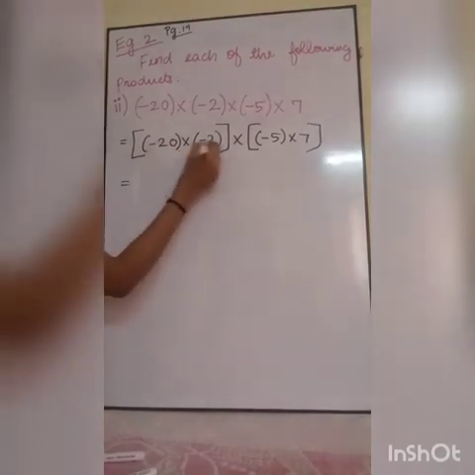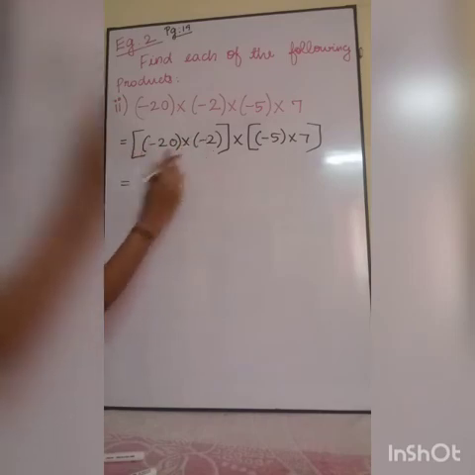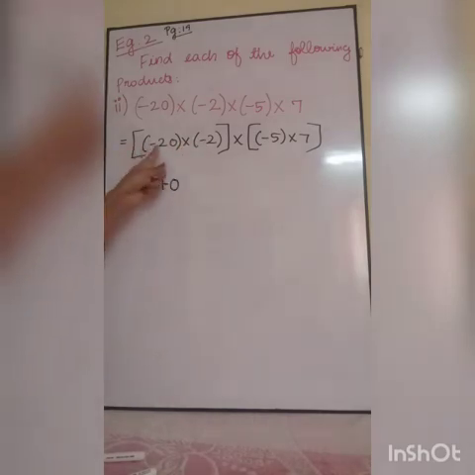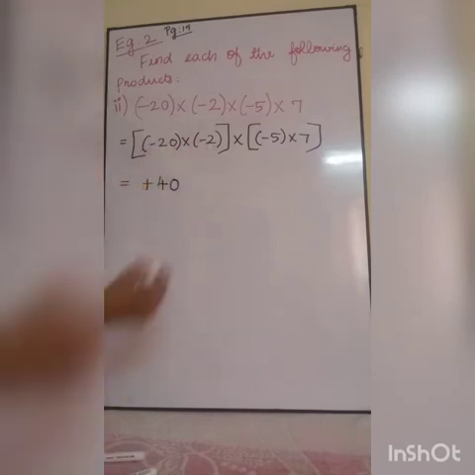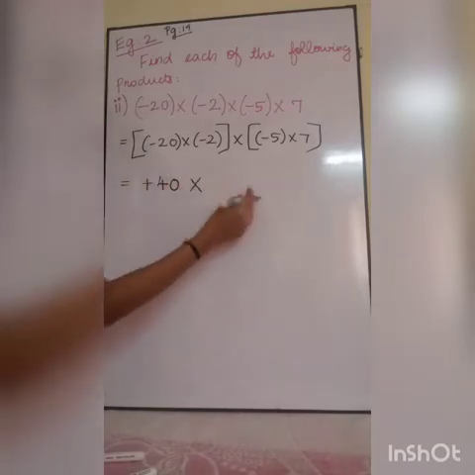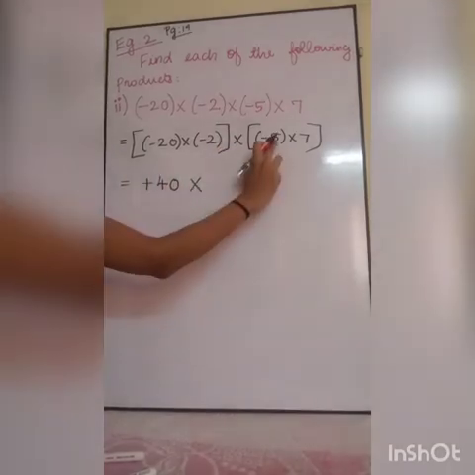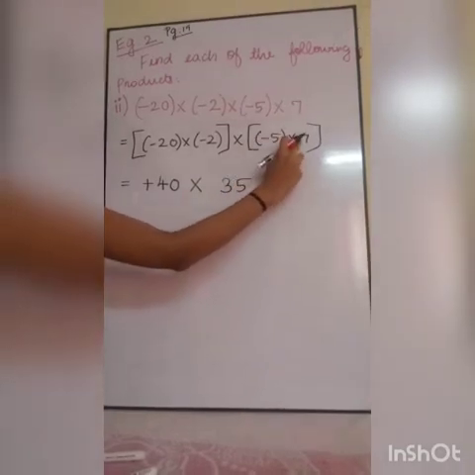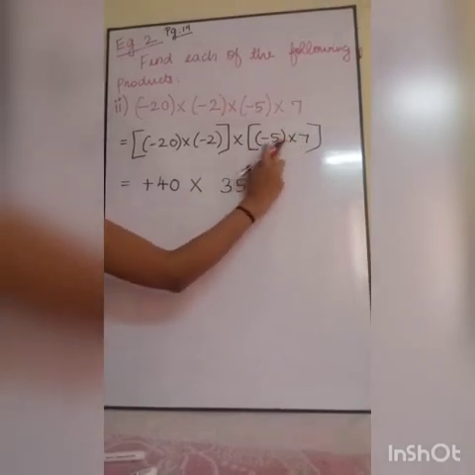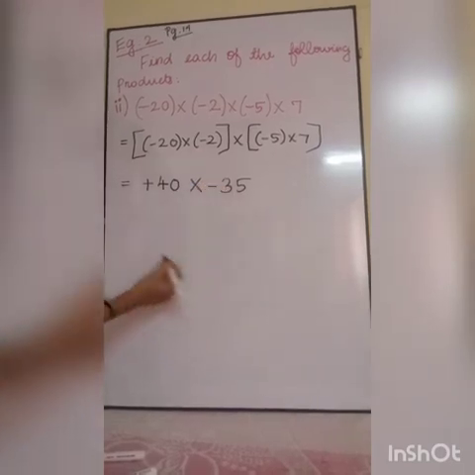Now, 20 into 2 is 40, minus into minus is plus. First I multiply the numbers alone: 20 into 2, 40, minus into minus, plus. Then this multiplication: 5 into 7, 35, minus into plus, nothing is written so plus, minus into plus is minus.